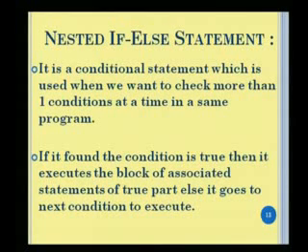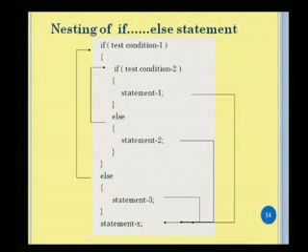If it finds the condition is true, then the statement is executed, and if it finds the condition is false, it will go to the next statement and check the next if else condition. See what happens, we are having an if else block in an if else block.